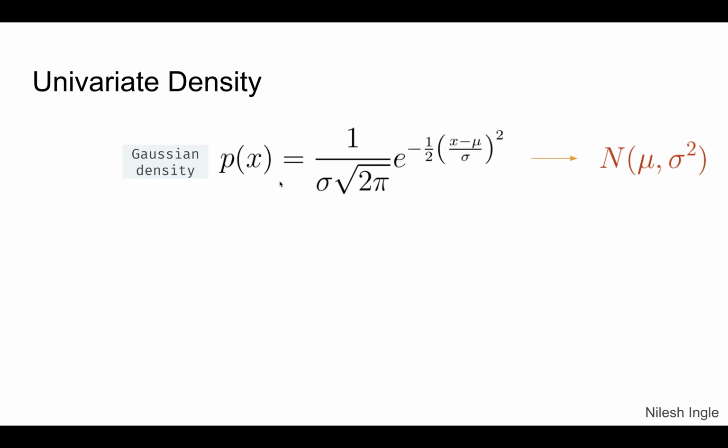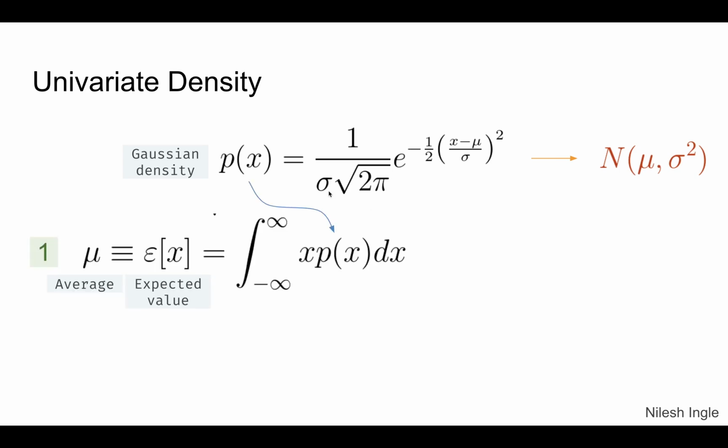Now, moving on, let's look at univariate density. This is the familiar equation for Gaussian density that can be represented by this notation shown here in orange. When you see this notation, what it actually means is the P of x relation that's shown here. We can use this to calculate the expected value.